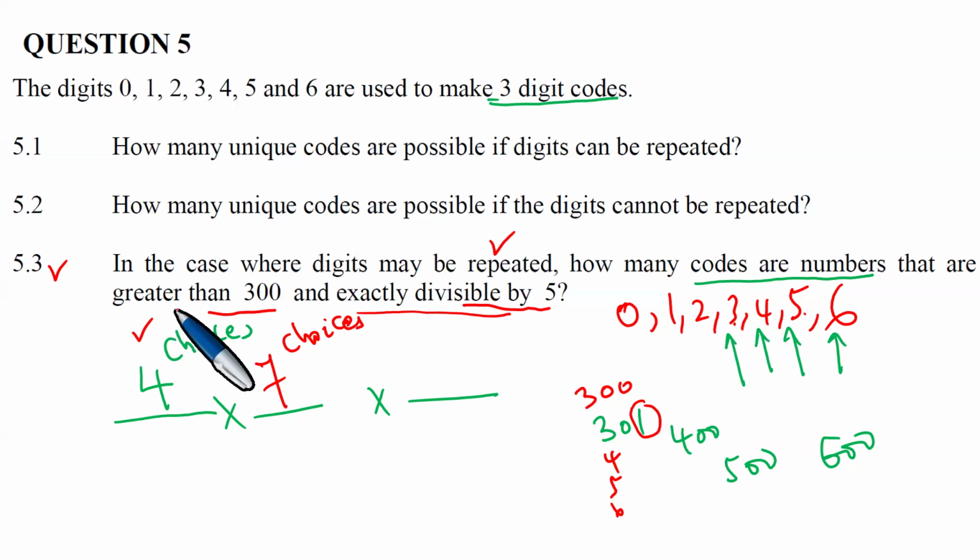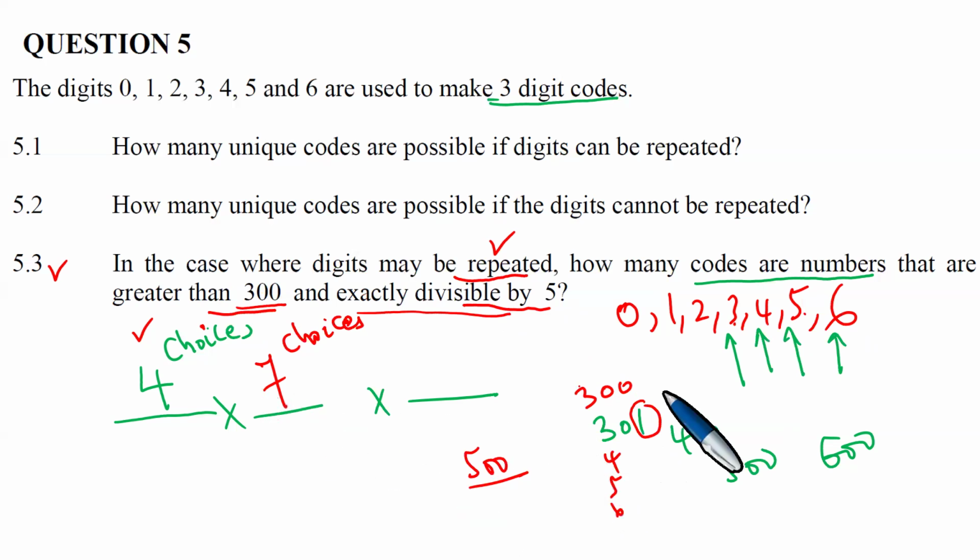So a number greater than 300 can essentially start with 3, in case it's 301, or it can start with 4. Then it becomes 400, because 400 is greater than 300. Or it can start with 5, 500. Obviously the digits may be repeated, so we can form numbers like 300. You know that. We can form numbers like 500 because we can repeat the zeros.